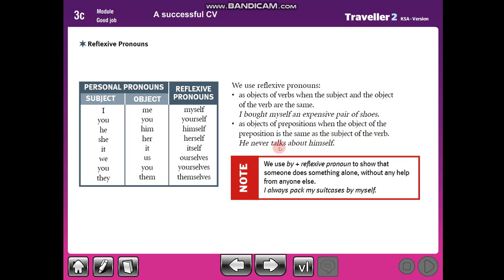For example, he never talks about himself. Note that we use by plus reflexive pronoun to show that someone does something alone without any help from anyone else. I always pack my suitcases by myself.